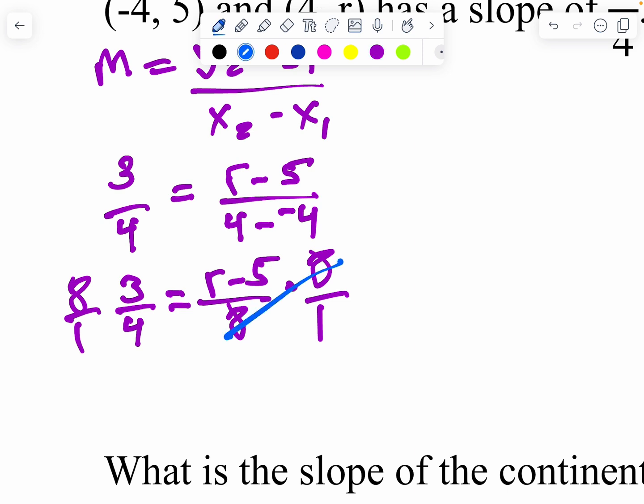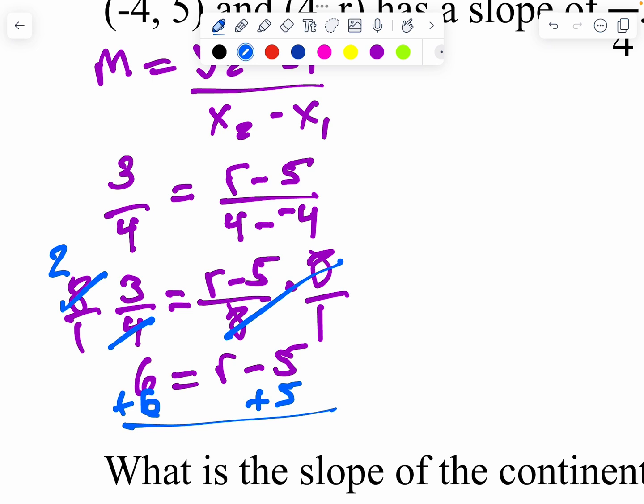On the left-hand side, 4 goes into 8 2 times. 2 times 3 is 6. So 6 equals r minus 5. What do we do to solve for r? Well, we add 5 to both sides. So 11 equals r.